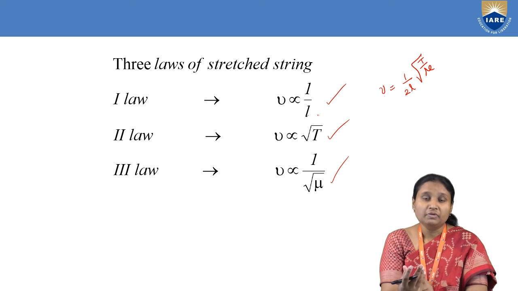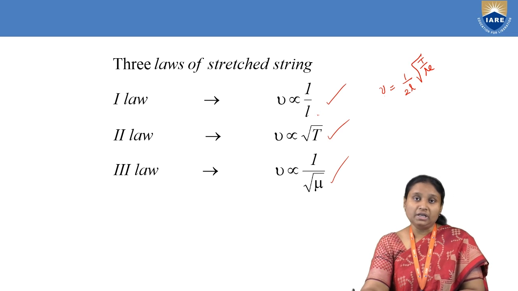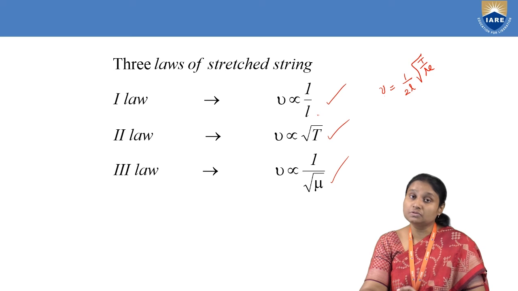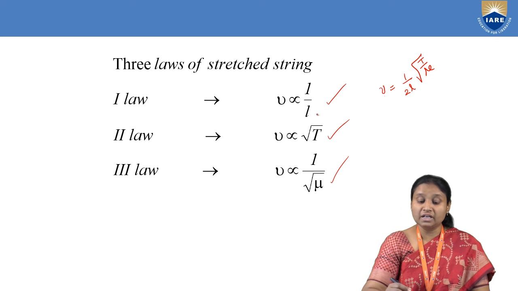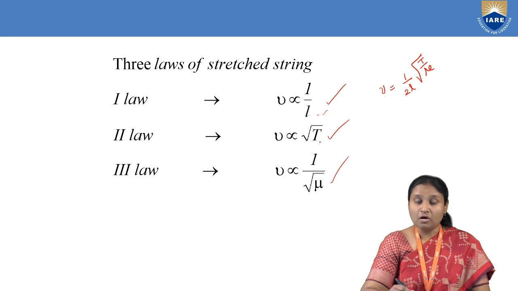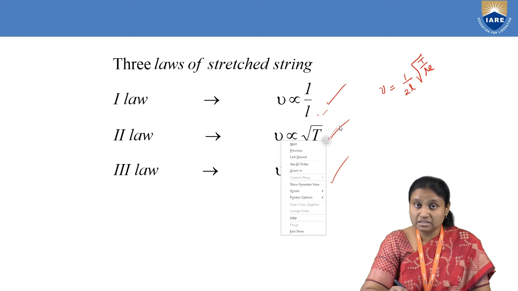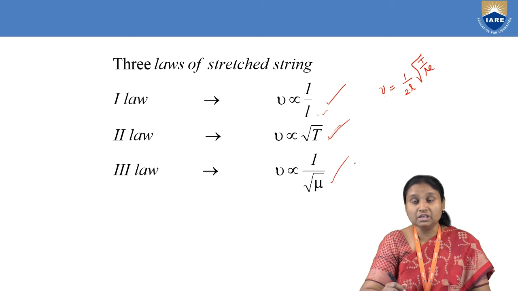Once the tuning fork is made to vibrate, along with the tuning fork the thread also vibrates. Now I'll make the tuning fork and thread vibrate with the same frequency. How? By changing the frequency of vibration of the thread. How can I change it? Either by changing its length, or by changing tension by adding weights in the pan, or by changing the material of the thread.